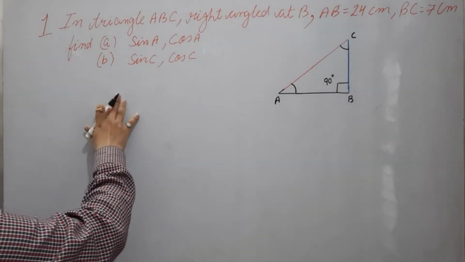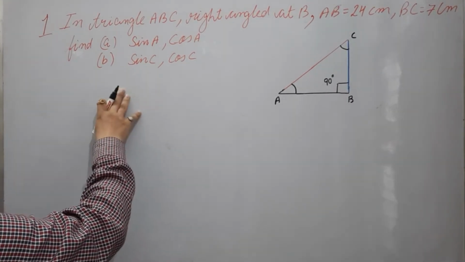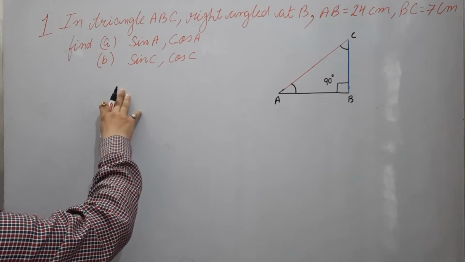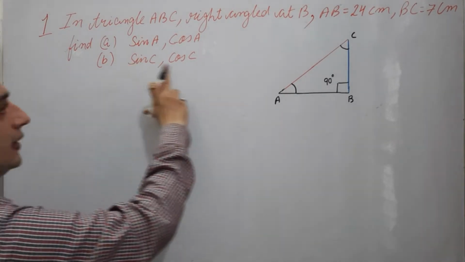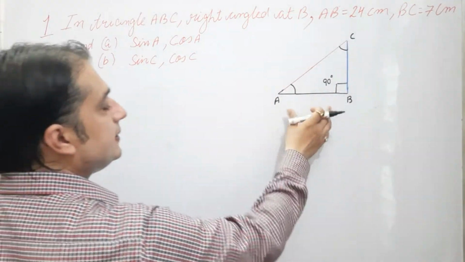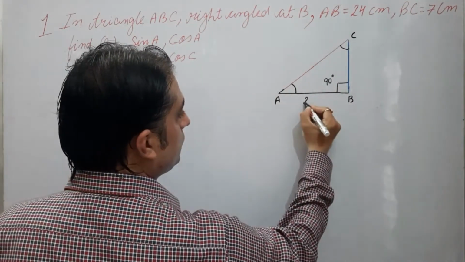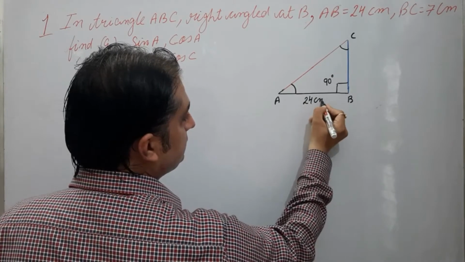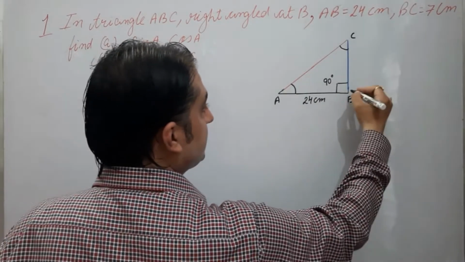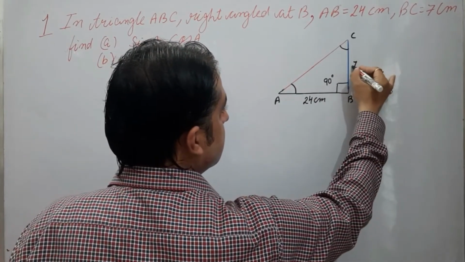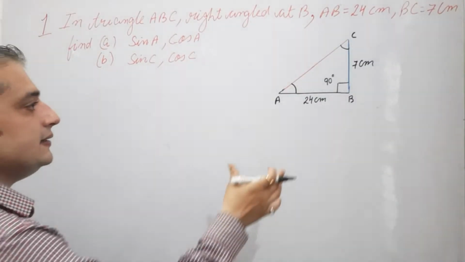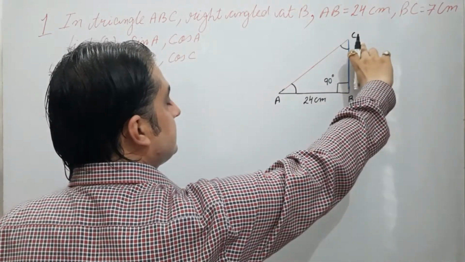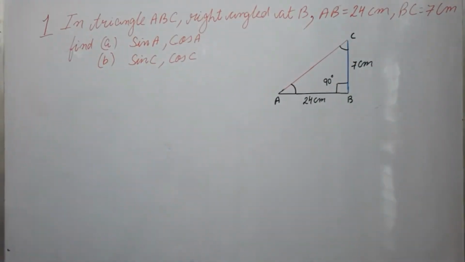For this you should remember the ratio of the sides of the triangle. For sine A, the given side is AB, 24 centimeters, the distance from A to B, and BC, from B to C, is 7 centimeters. So the lengths of sides AB and BC are given, right?